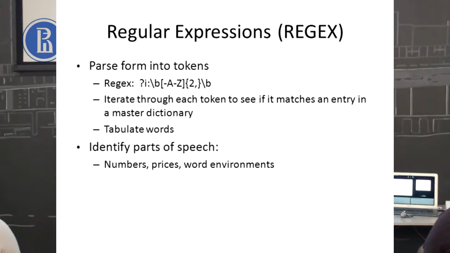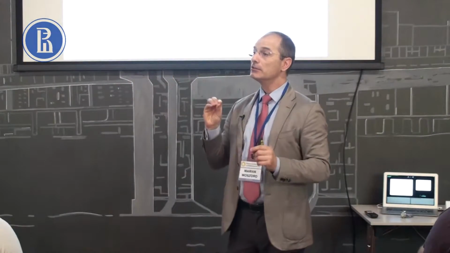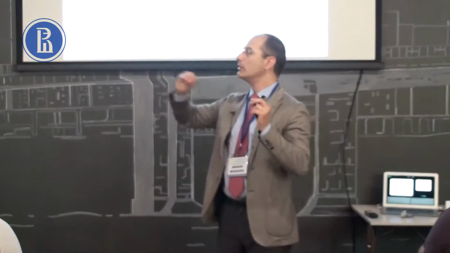And by that, I mean, for instance, if I'm looking for a 4-digit number, I put \d, \d, \d, \d, and that would identify any sequence of 4 numbers. If I'm looking for any number of any length, I put \d+ in Python. So that would yield a vector with all the numbers that are in that text.